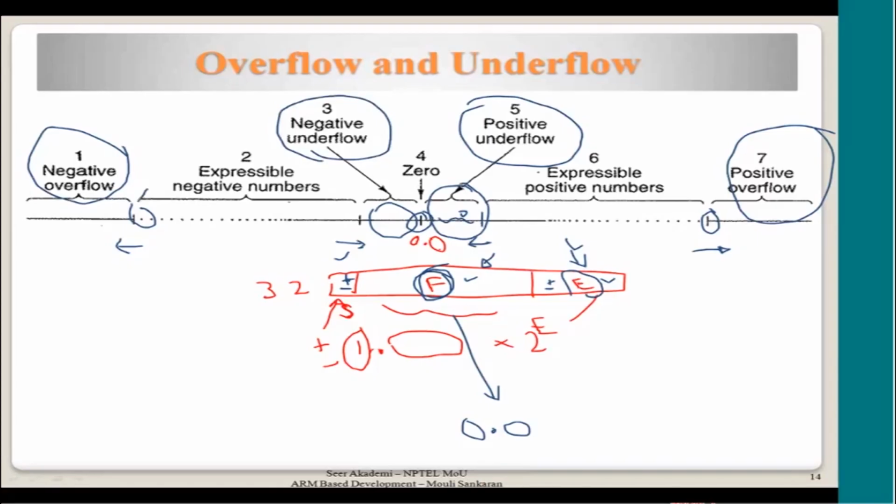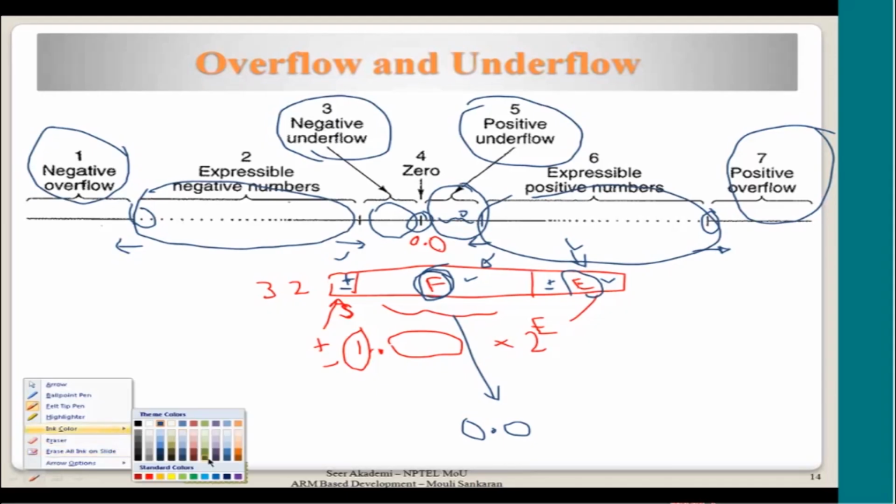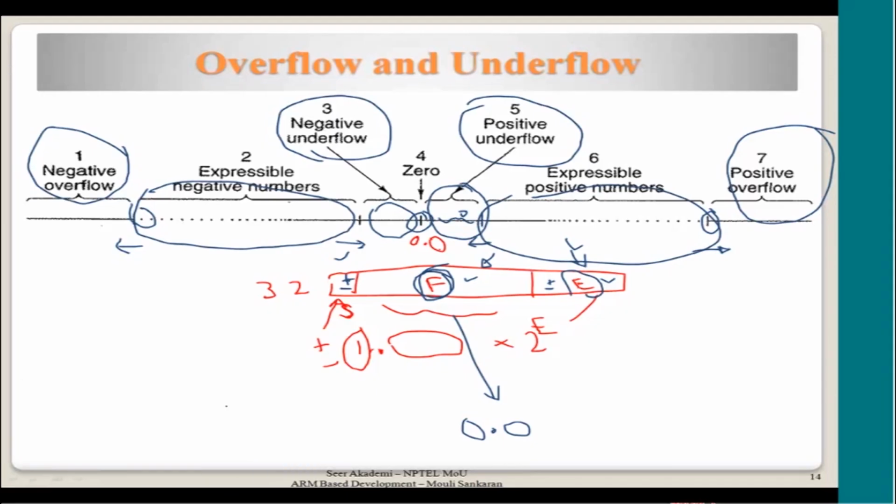So my limit on expressible numbers are lying here. Okay, my limit on positive and negative representable numbers are here.